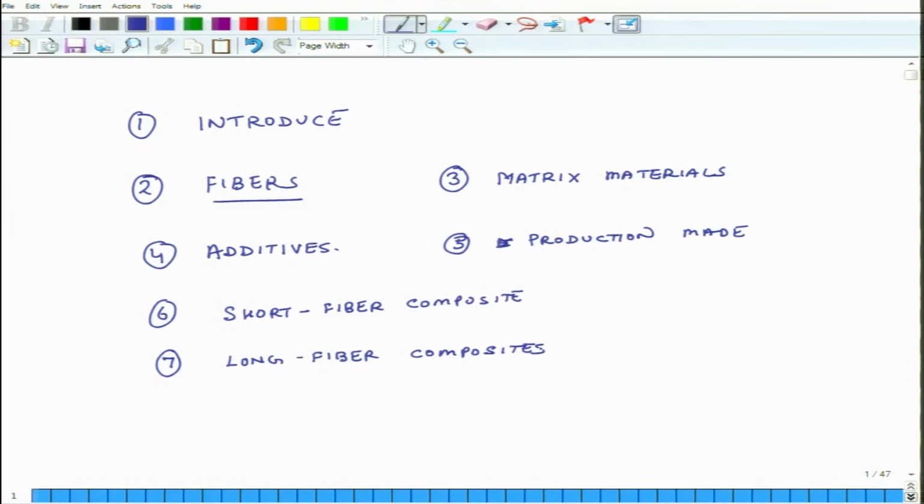In this case specifically we will discuss 2 types. One is the unidirectional lamina, and we will explain in the course what we mean by a lamina. And then we will also discuss the mechanics of composite laminates.